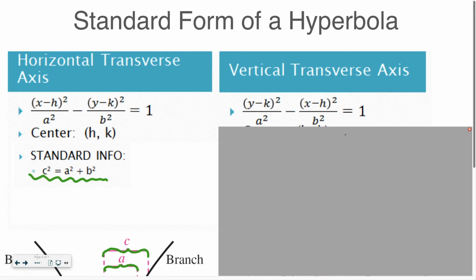This time, the y minus k squared is going to be the one with a squared because it's going to be positive, and we're going to be subtracting the x minus h squared. And since we're subtracting the x minus h squared, then b squared is going to be in the denominator. Okay? Remember, A is always going to be associated with the positive squared variable.